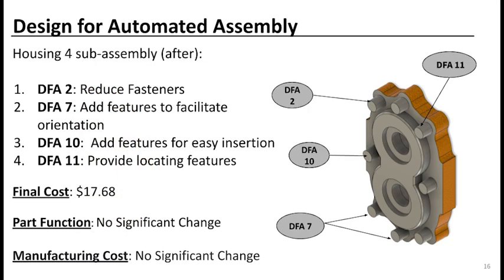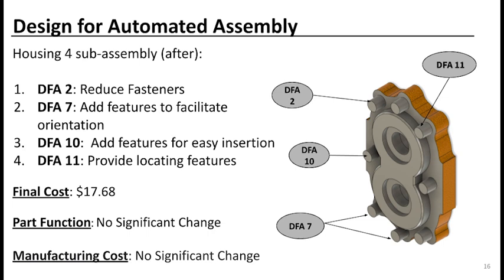By redesigning housing 4 to have protrusions for precision fit and removing the threads for using screws, we were able to reduce the total number of parts again and further followed some design for automated assembly principles, which include adding features to facilitate orientation due to the protrusions, adding features for easy insertion, as well as providing locating features.